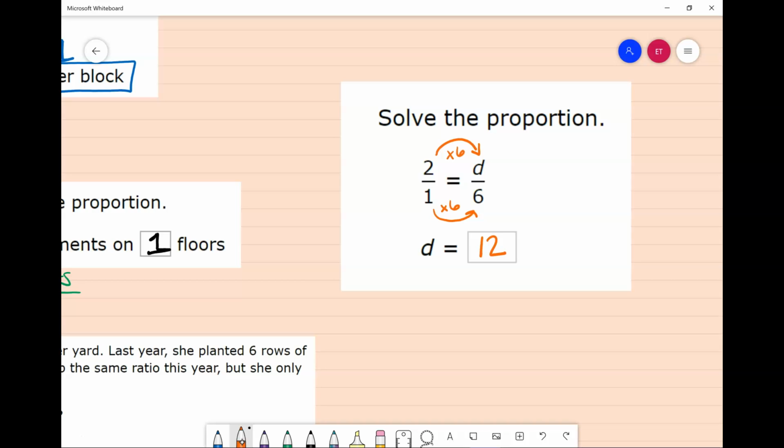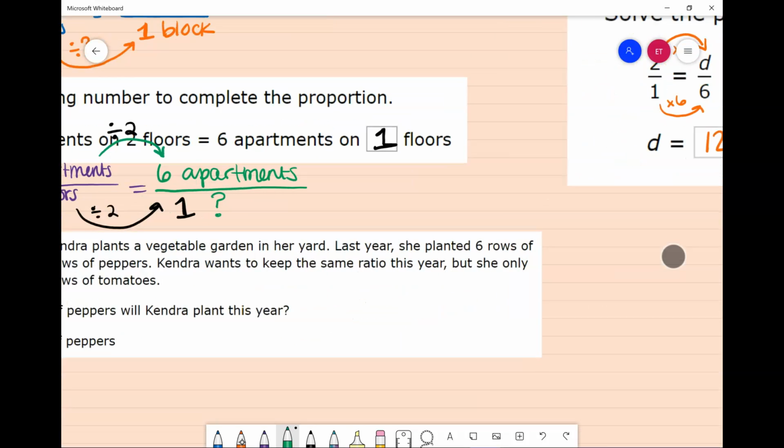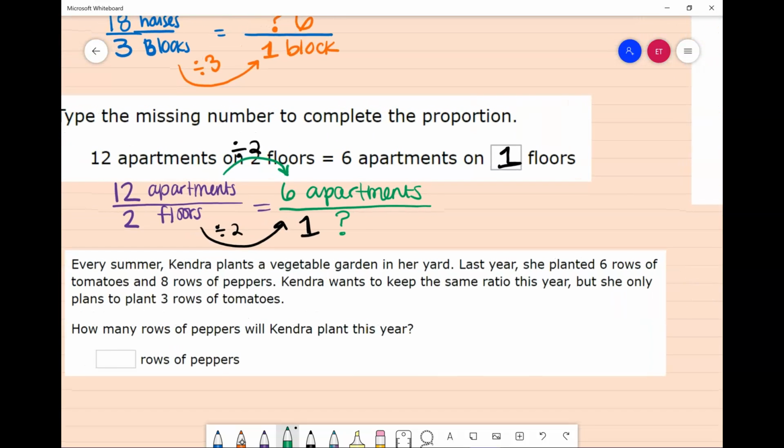I can prove that because 2 over 1 reduces down to 2, and 12 over 6, I can do top in, bottom out. 12 divided by 6, 6 goes into 12 2 times, and these answers are equivalent. They are equal.